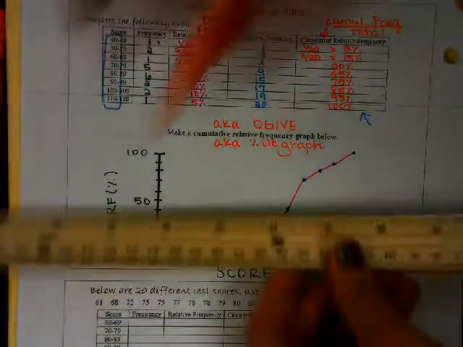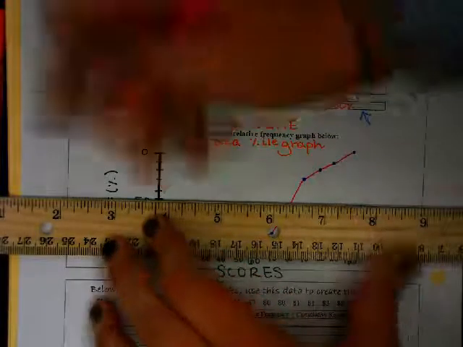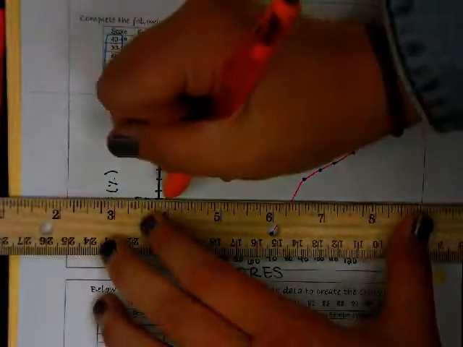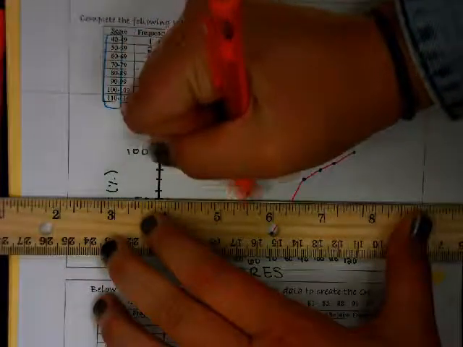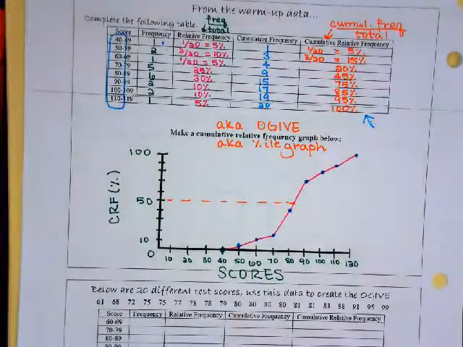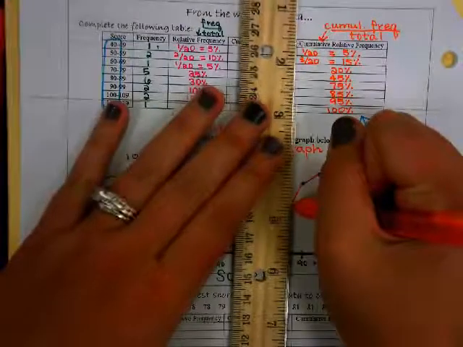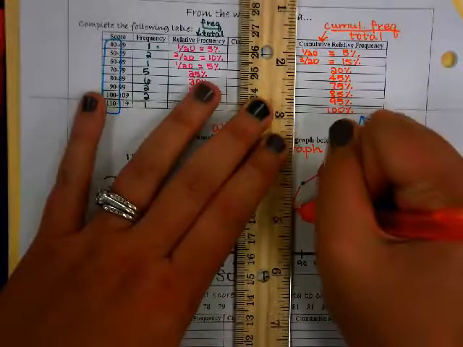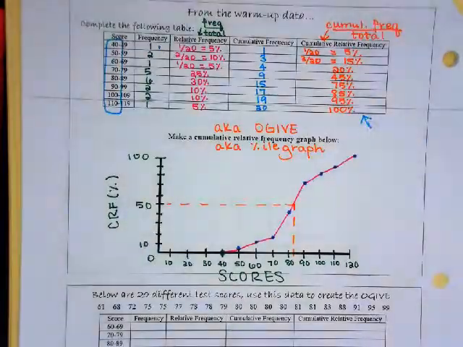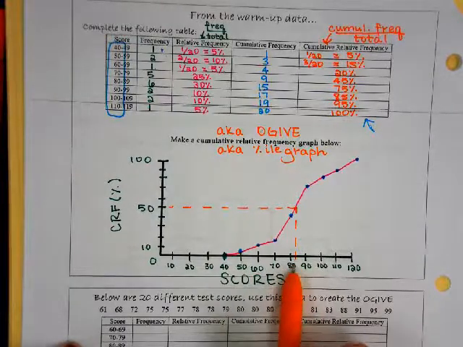So like my 50th percentile, to make sure my ruler's straight, if I make a dashed line out to my line, and then drop down from there, I would say that my median or my 50th percentile is about 80, 82, 83, somewhere in there.